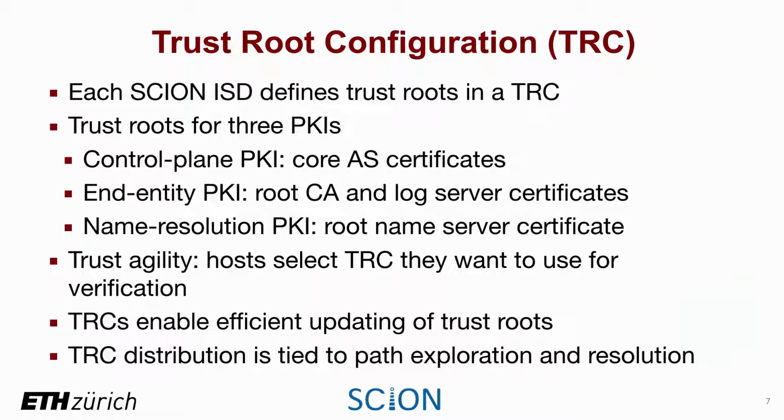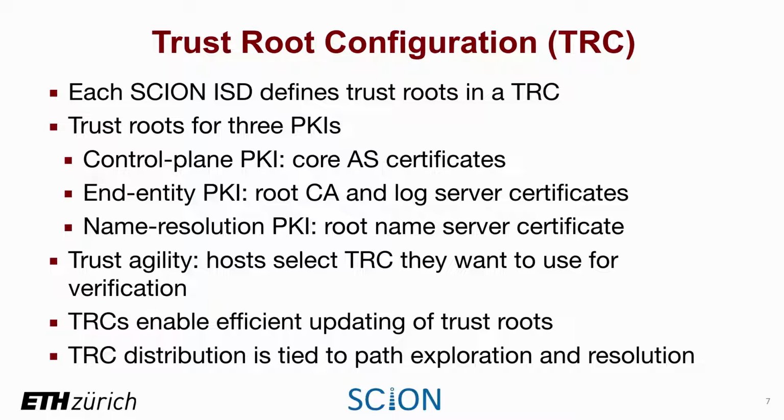A core ingredient of the SCION infrastructure is the trust root configuration. So each isolation domain defines trust roots within a trust root configuration. And the trust roots encompass the three PKIs that SCION uses. The core AS certificates that constitute the trust roots for the control plane PKI are part of this TRC.